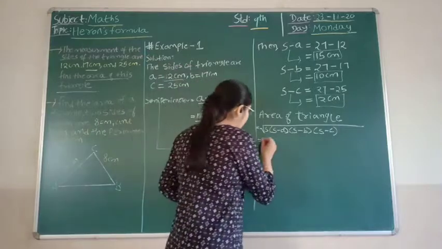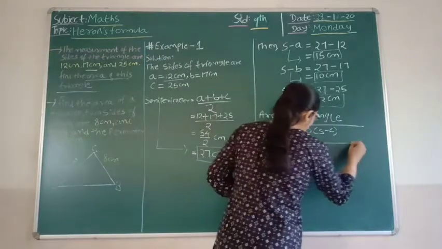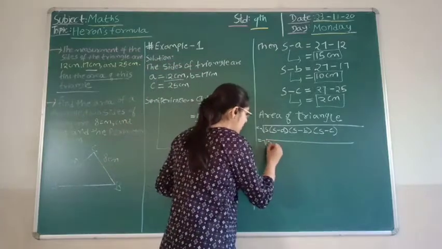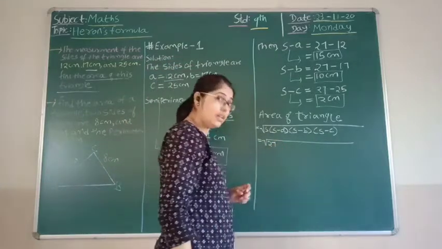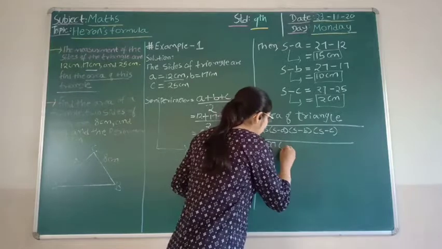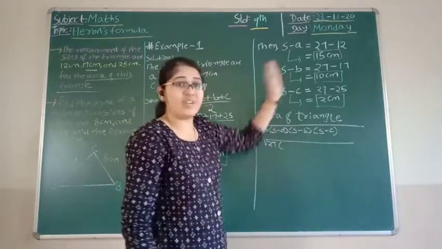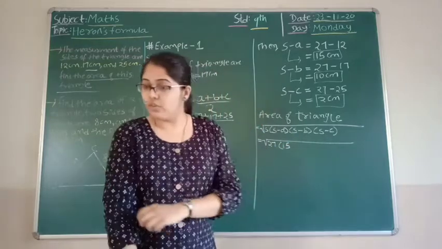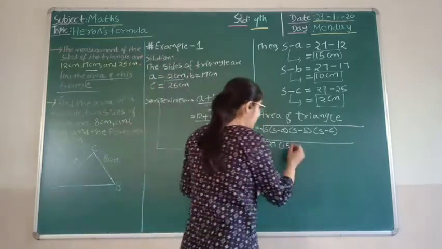So I know that S is nothing but 27. So I am writing over here 27. In the bracket I am writing S minus A, and S minus A is nothing but 15 centimeter. So I am writing over here 15. Right?